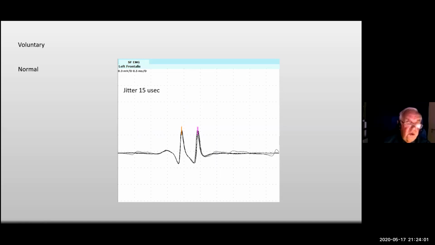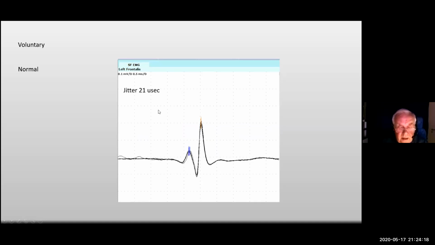And now I will show you a few other recordings. This has a very small jitter during voluntary contraction. Trigger here, this is too low to be accepted, and this is nice in parallel. Here we trigger on the second. It doesn't matter if we trigger on the first or the second. Usually we trigger on the highest.